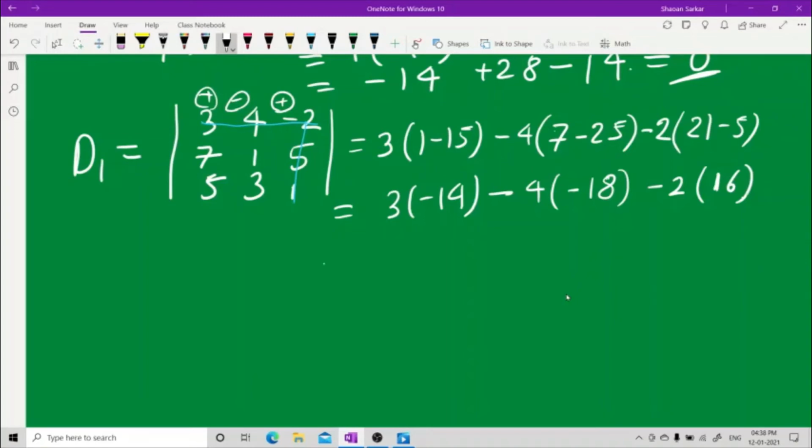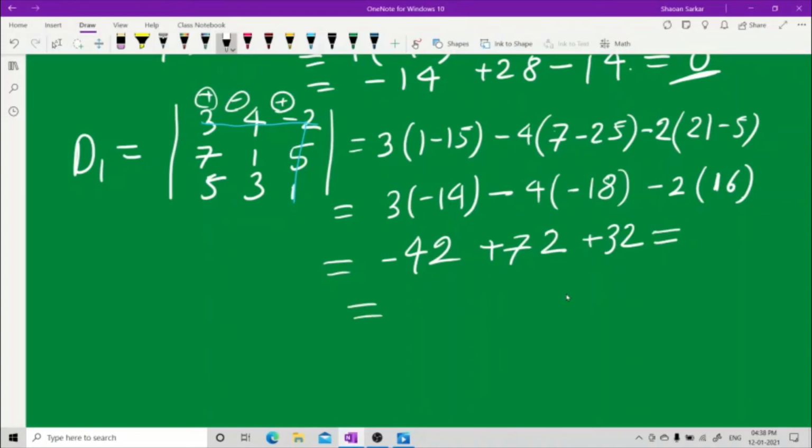Now you have minus 42, then this is plus 72, and this is 32. In no case does this become 0.